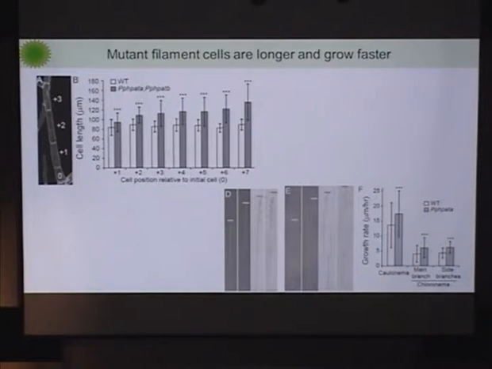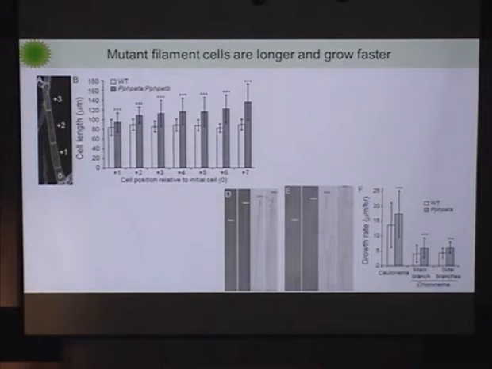The filaments are also elongating more quickly. So if you compare the individual filaments' length over time, these are pictures that are separated by 24 hours. This is wild type, this is the mutant. If you grow them under particular lighting conditions, you can either favor this fast-growing type of filament or this relatively slow-growing type of filament.